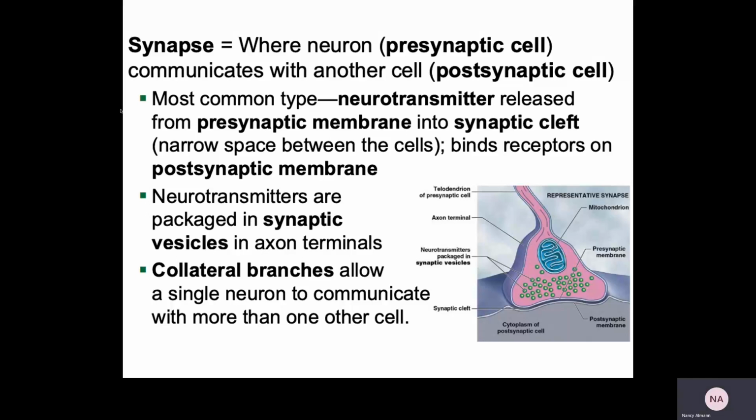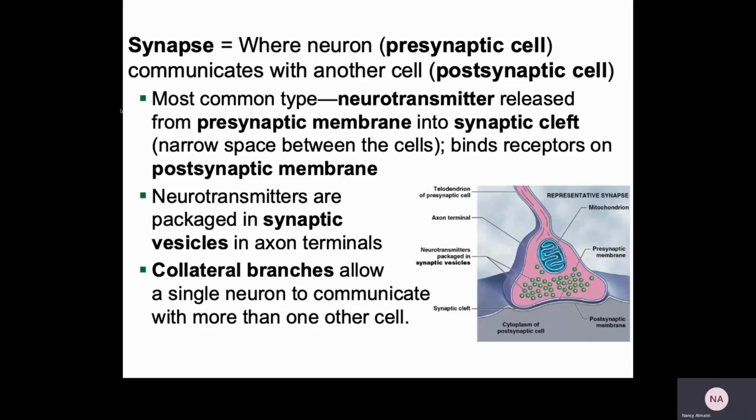Those neurotransmitters are going to be packaged and held in vesicles within the synaptic end bulb. And the fact that you have multiple branches at the distal end of an axon means that a single neuron can communicate with a whole bunch of different cells. I like this image because it shows you the presynaptic membrane and the postsynaptic membrane.